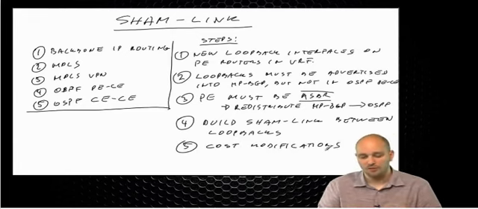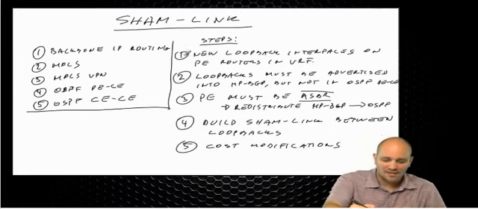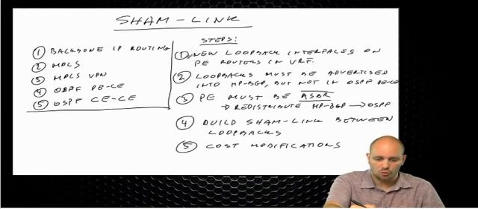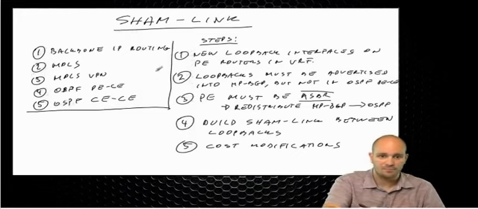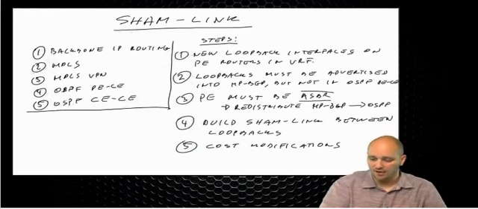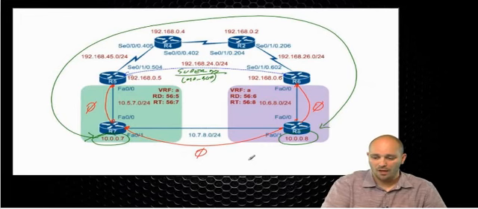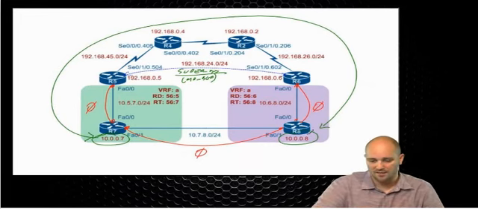So some cost modifications must be done to accommodate for the solution. So these are the 5 steps that you need to do to build your sham link if you already have these prerequisites in place. So let's build a sham link in our network and try to solve the problem of getting the traffic from loopback of R7 across our MPLS backbone over to R8.